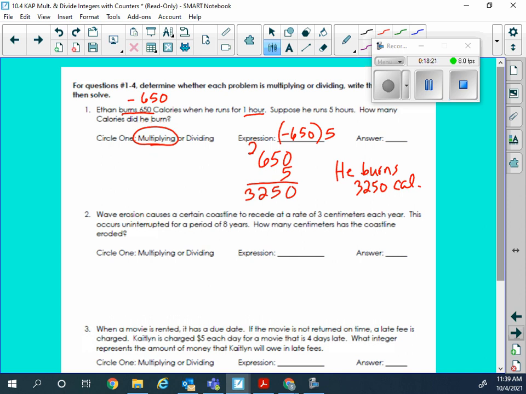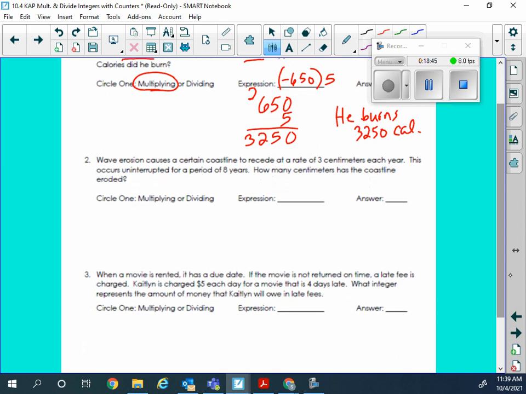What else can I put in the blank? Negative 3,250 calories. Can I say he burns negative 3,000 whatever? No. Why not? That's right, because if I say burns and negative, that's a negative negative, which is positive. Okay? So be careful about that.